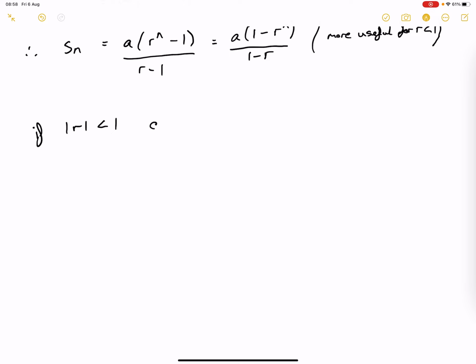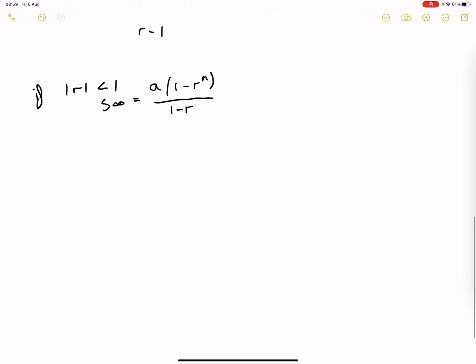So we'll be using a times 1 minus r to the n over 1 minus r, because r is less than 1. So the sum to n will be equal to that. However, I'm going to modify this and say that the sum to infinity is equal to that.